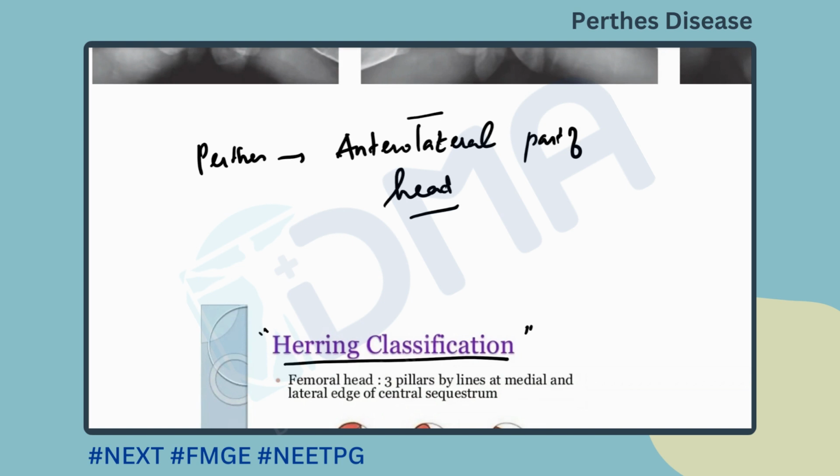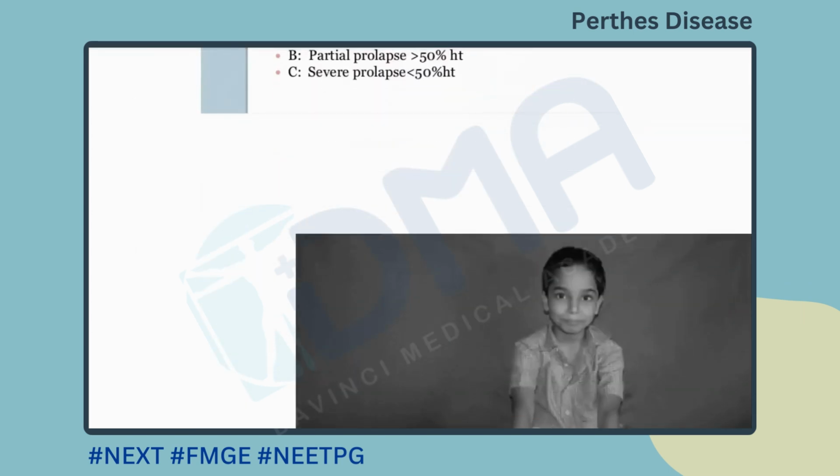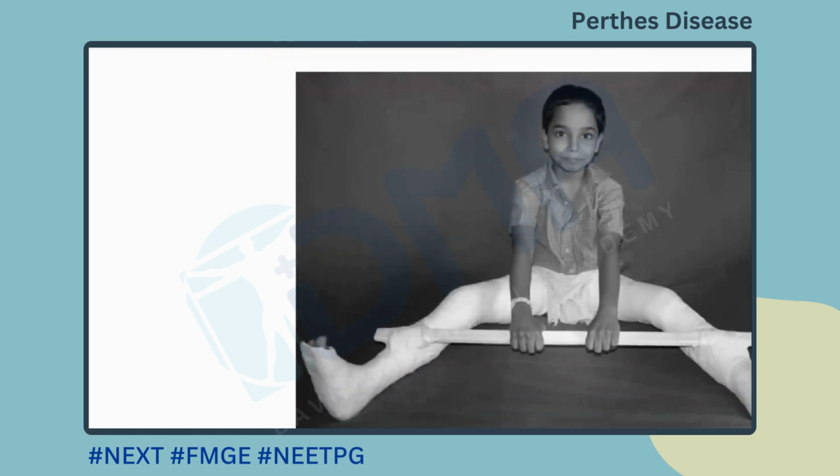Once you diagnose a patient with Perthes disease, you have to keep him non-weight bearing. The child should not weight bear on that side. Non-weight bearing is important for treatment. How can you keep the child non-weight bearing? One, you can put a cast like this.